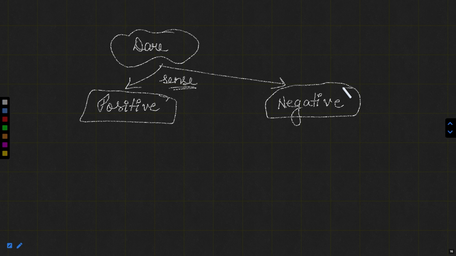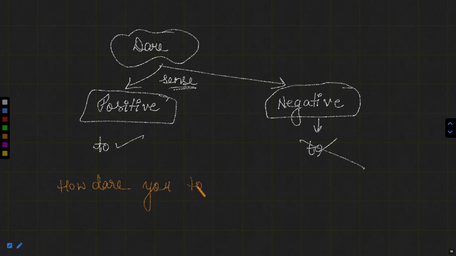Now, if the sense is negative, we will not add to. But if the sense is not negative, it is positive, we will add to. For example, if I say, how dare you to touch my bag?